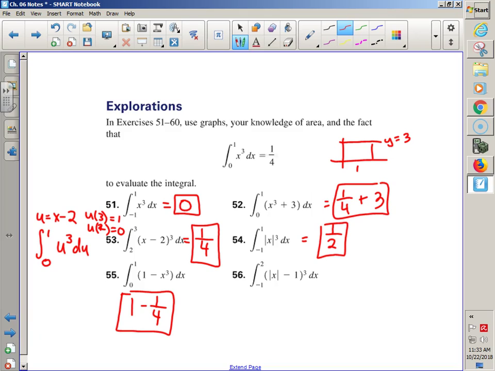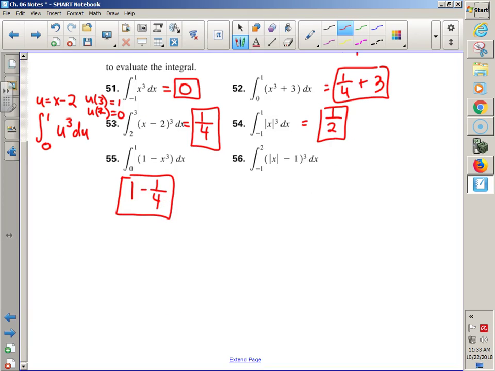Okay, number 56. So Aryan made the whole inside a u? Can you do that?